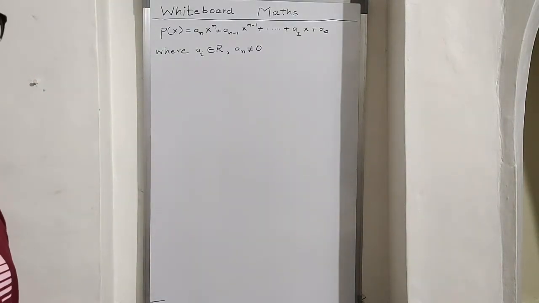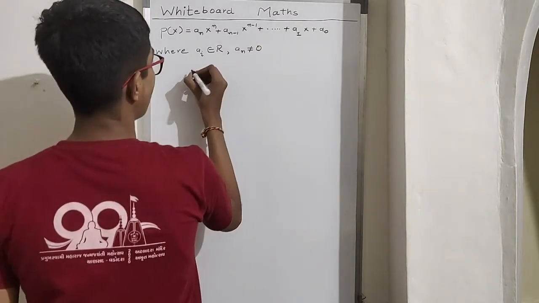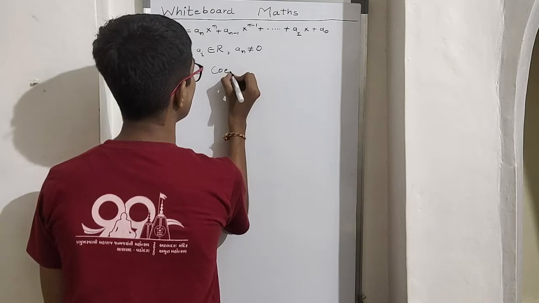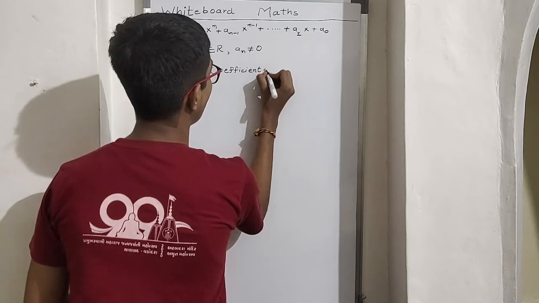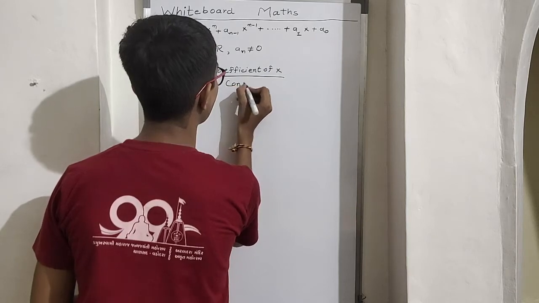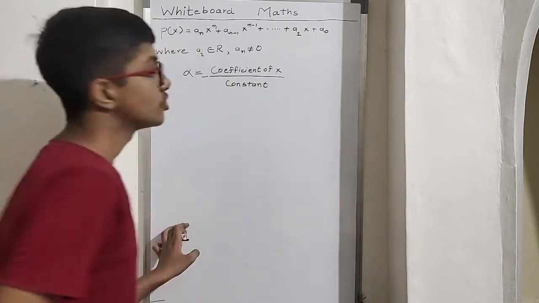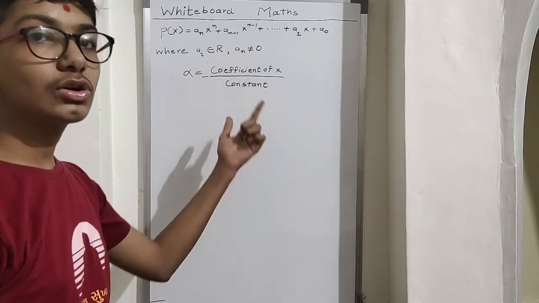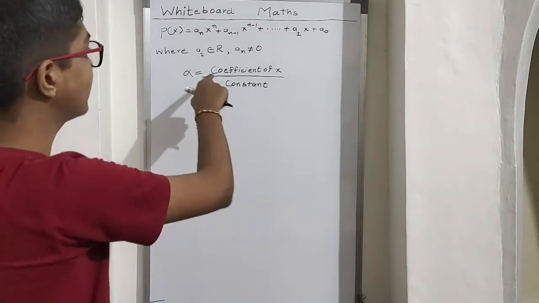Now we want to take a special value which we will name alpha, which equals the negative of the coefficient of x divided by the constant term. So we will take the coefficient of x and divide it by the constant term, and we will negate it by multiplying by a negative sign.